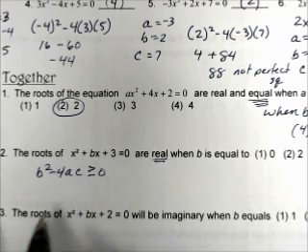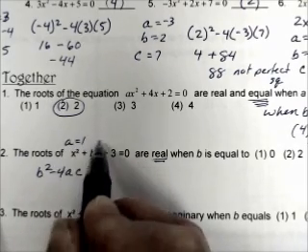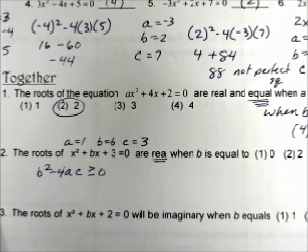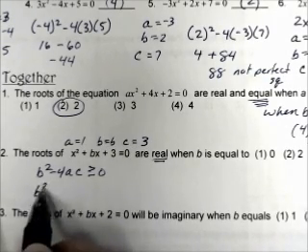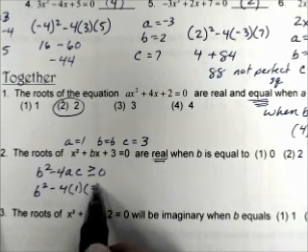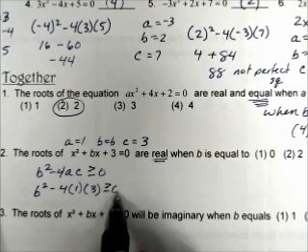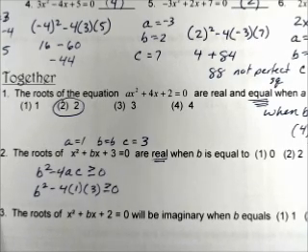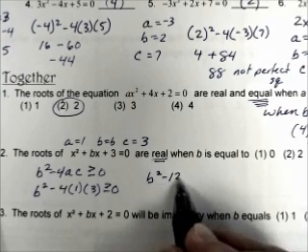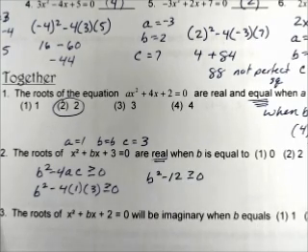A is 1, B is B, and C is 3. So B squared minus 4 times 1 times 3 has to be greater than or equal to 0. That's B squared minus 12 needs to be greater than or equal to 0.